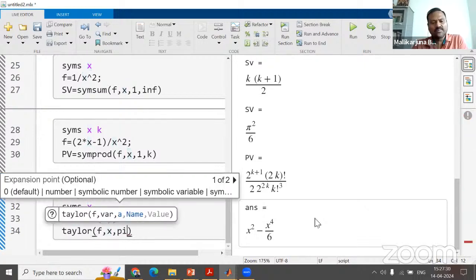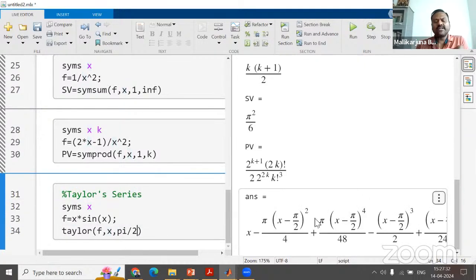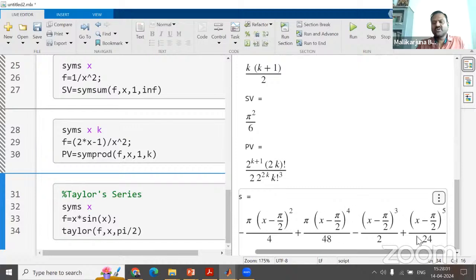If suppose you give about pi by 2, you are finding this value. Taylor series for the function about the point pi by 2 or pi by 4, whichever you want, you can take. You can see here, it is showing till power 5 only, right?